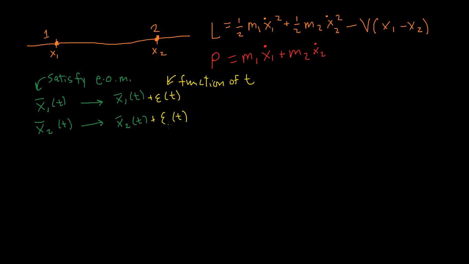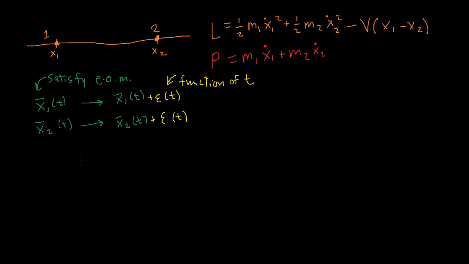So you might be thinking, oh, this is just like the proof of the Euler-Lagrange equation. But it's not exactly like that, because in the Euler-Lagrange equation, we had two epsilons, epsilon sub 1 and epsilon sub 2. We were considering all little variations of these two paths. Here, we're not considering all little variations, we're only considering a specific little variation.